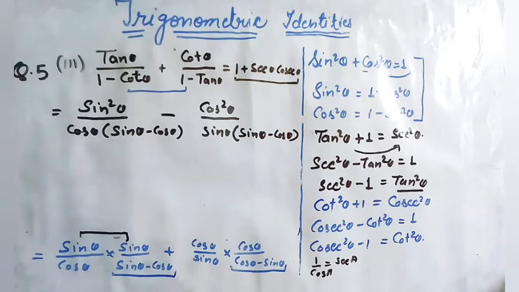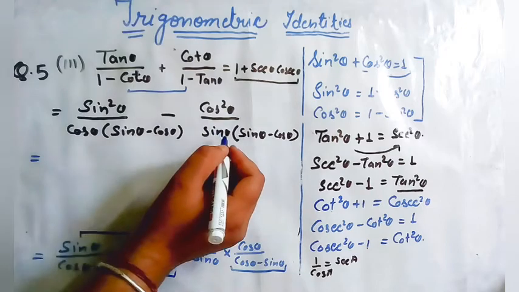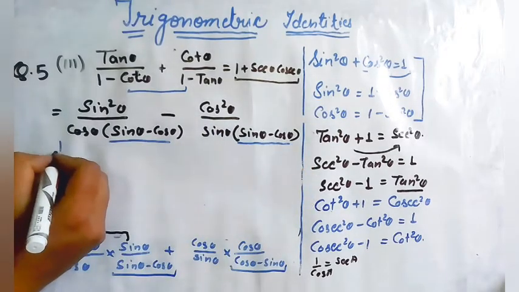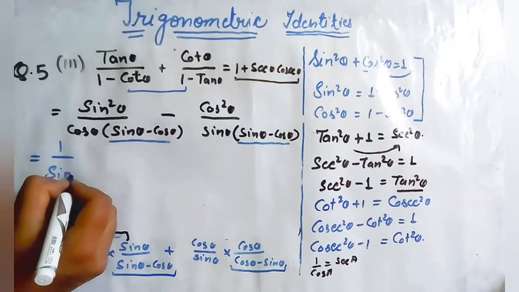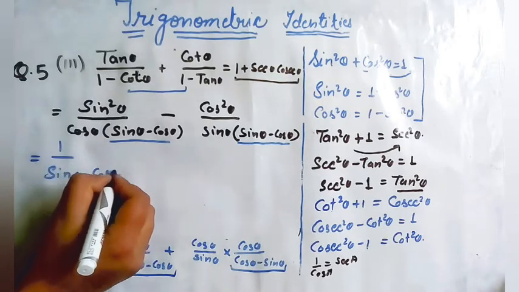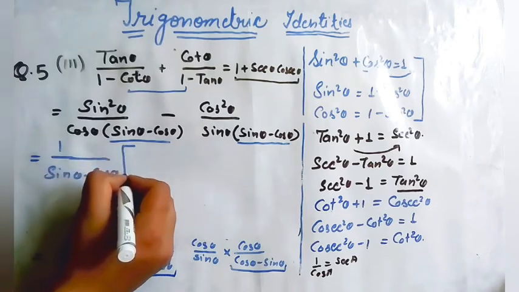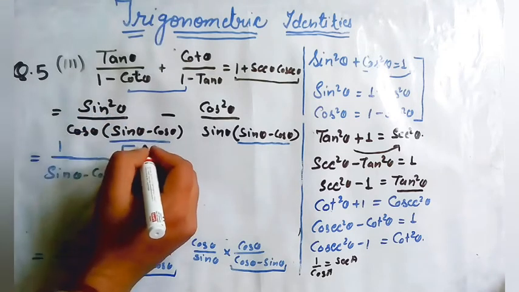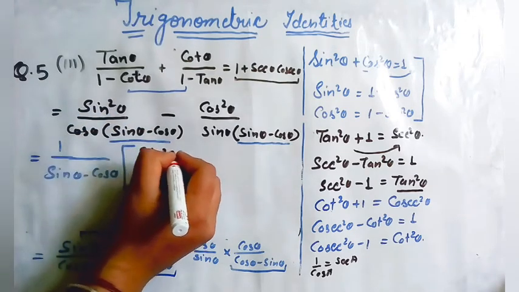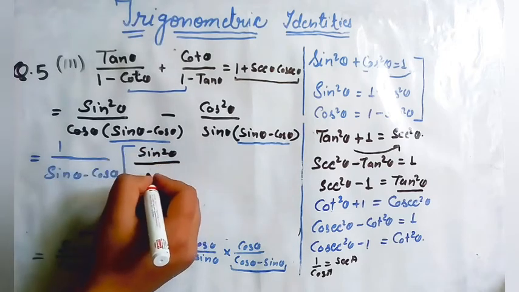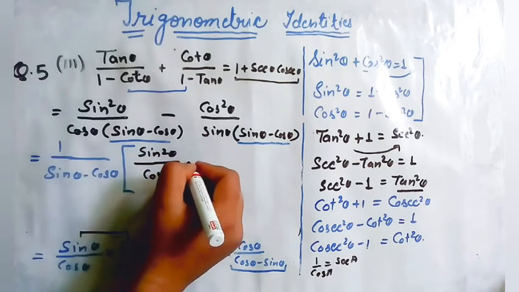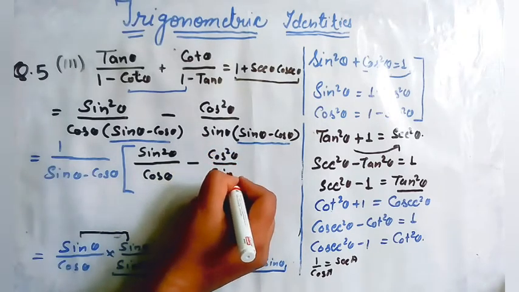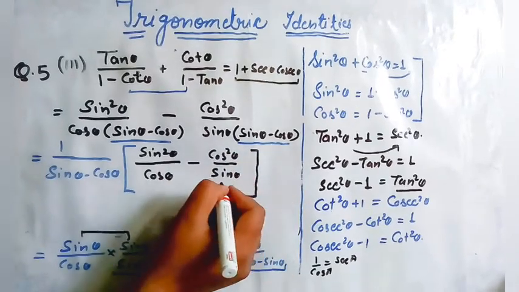Now take 1 upon sin theta minus cos theta as common. So 1 upon sin theta minus cos theta is taken common. What is left inside? In the first part we have sin square theta upon cos theta, minus cos square theta upon sin theta in the second part.